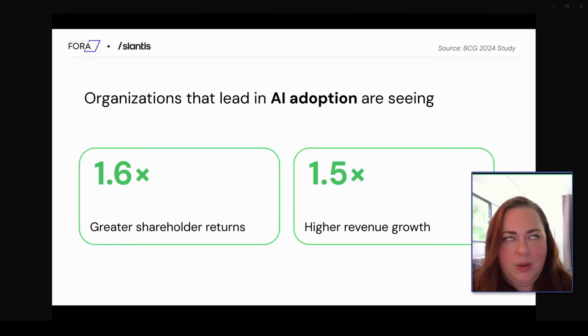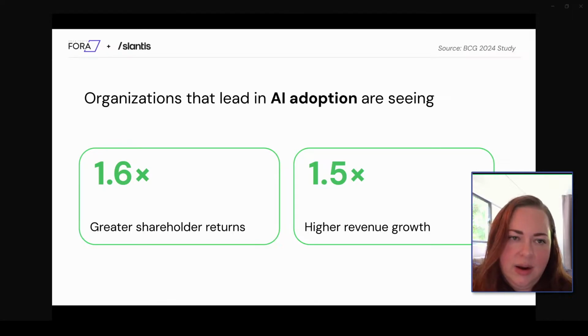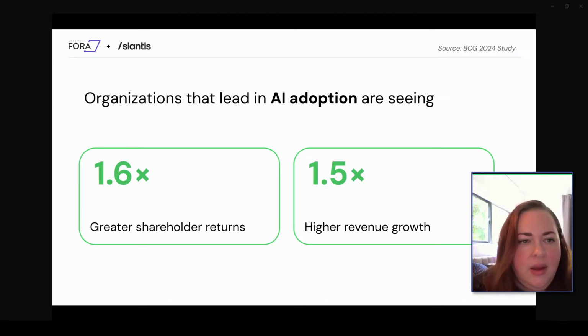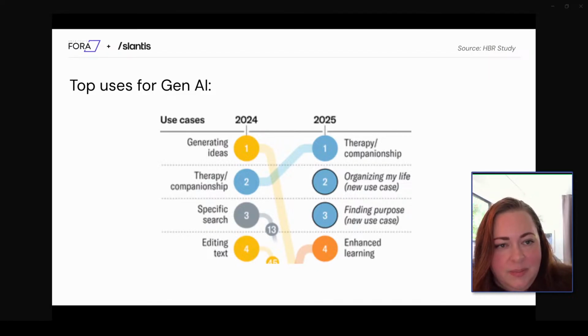So to be wise in the era of AI is to master it and further invest in what we actually hold dear as a society, which is human connection. Also, it's great for business. Organizations who are adopting AI are already seeing greater returns and higher revenue growth. I think these values are just going to grow exponentially, and then it's just not going to be an option, as we have seen with other technology in practice.